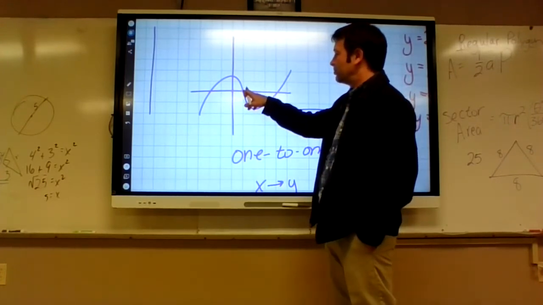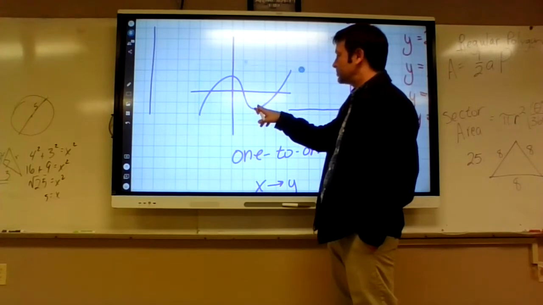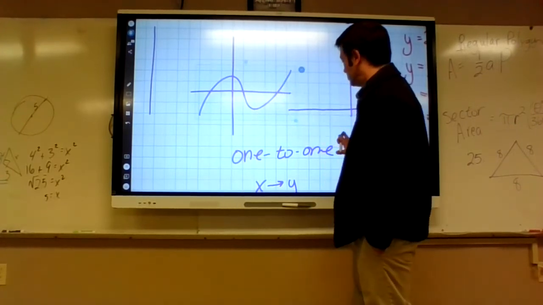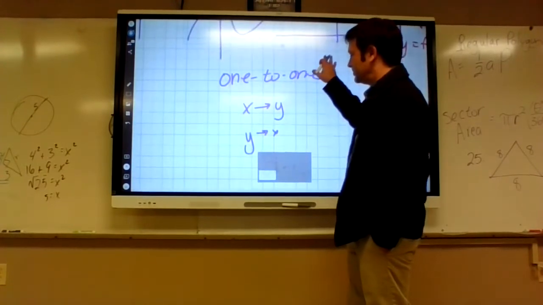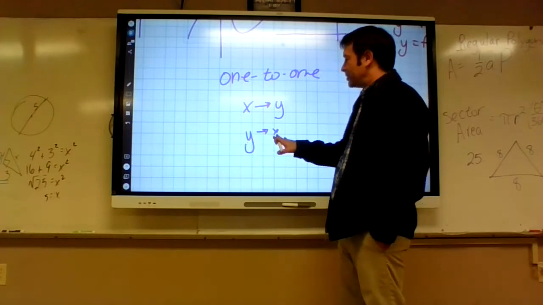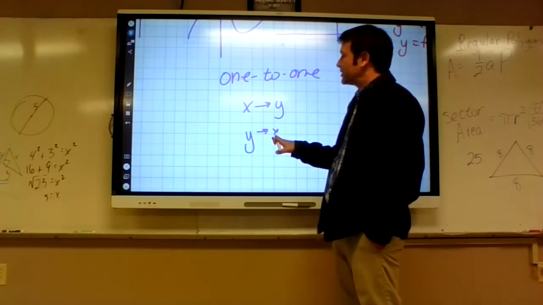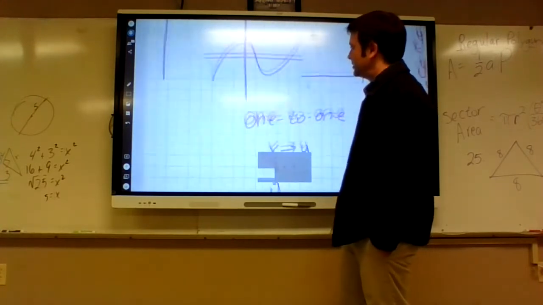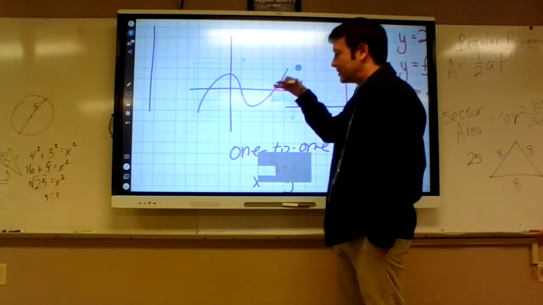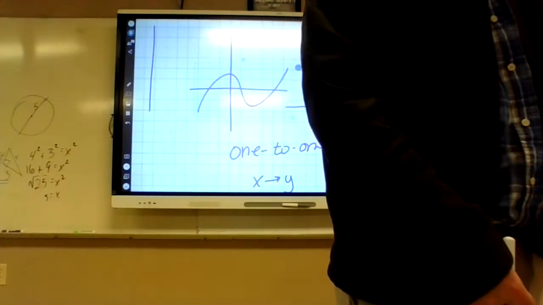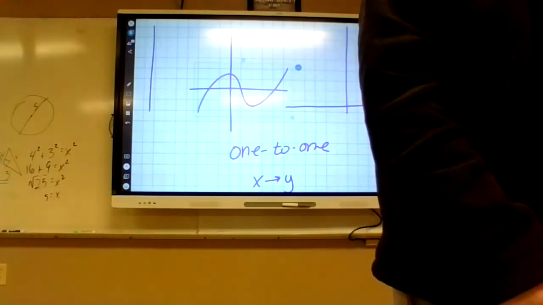X is 1, y is 0, x is 2, y is -1.5. But each y value only goes with one x value. If that happens, then it passes and has an inverse function also. So basically, if it passes the horizontal line test, it works. That's the important thing.